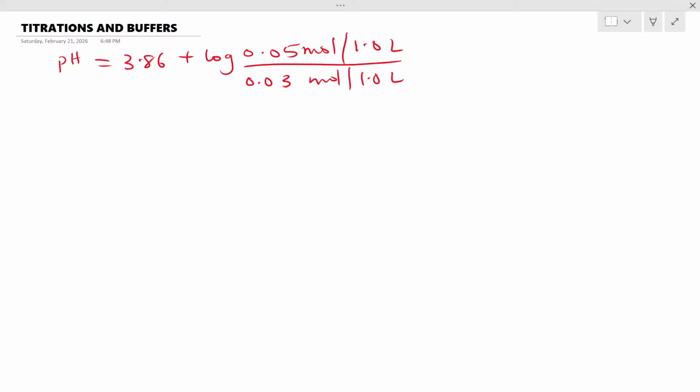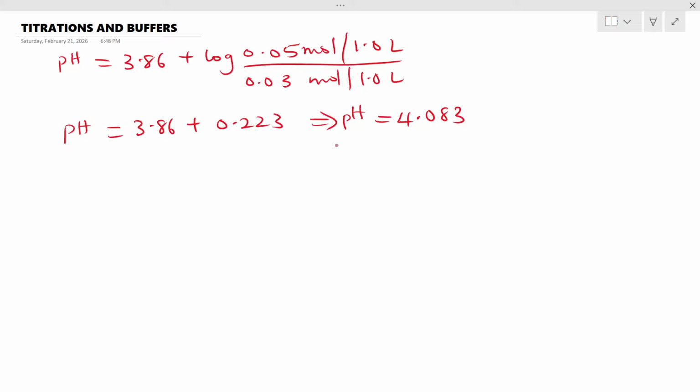Alright, so if we do all of the mathematics, simplify this, take the anti-log and all of that, what we have is 3.86 plus 0.223. Therefore, the pH is equal to what? 4.083. So this is the initial pH before the HCl was added.